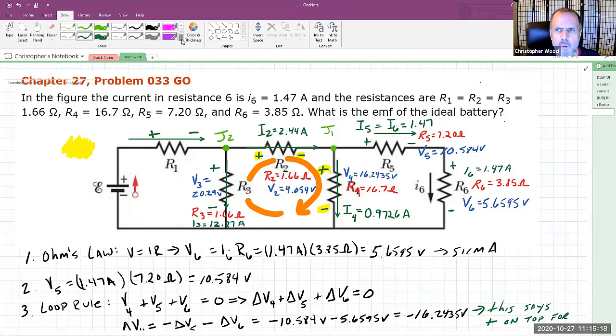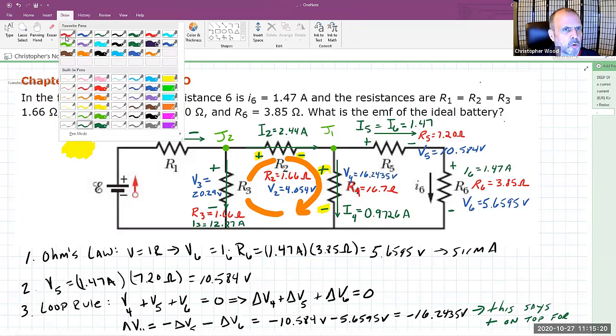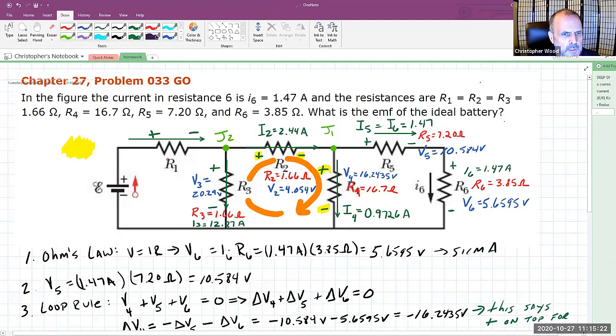R1 has a value of 1.66 ohms. What else do I need to know? Oh, I can use the junction rule to get the current. Current, we use green.